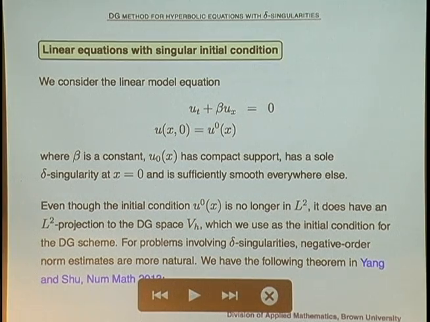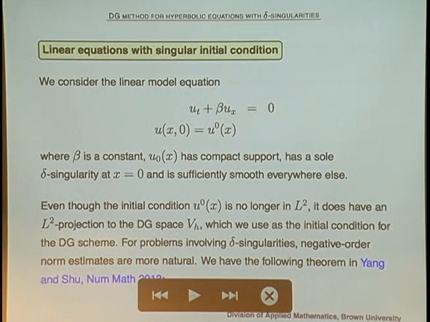The delta function is not in L2, but that's not important because what you need is a projection of the delta function into your computational space V_h. This projection is well-defined because the integral of the delta function against piecewise polynomials is well-defined. So the L2 projection is well-defined, and you can just go and compute. Moreover, it's very nice to know that what you have computed, u numerical, is in some sense a good approximation to the exact solution of the PDE, even though the exact solution is lousy, right?